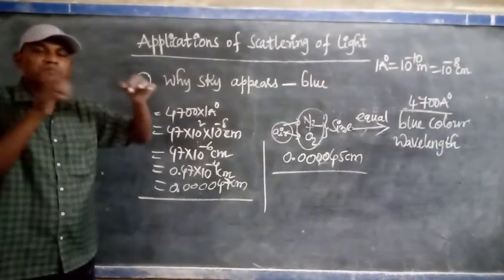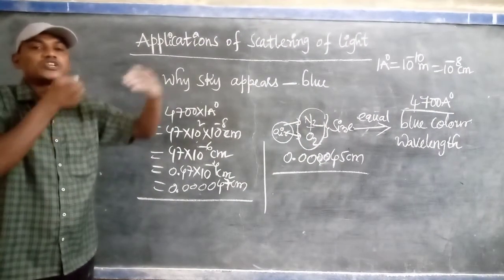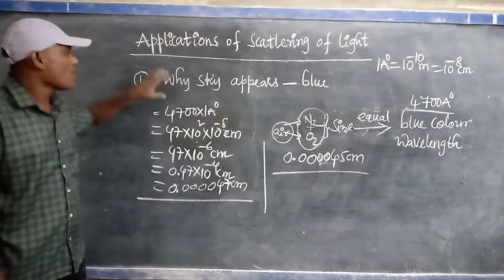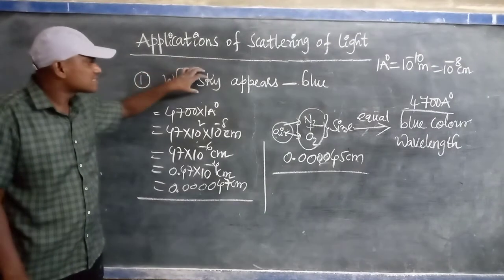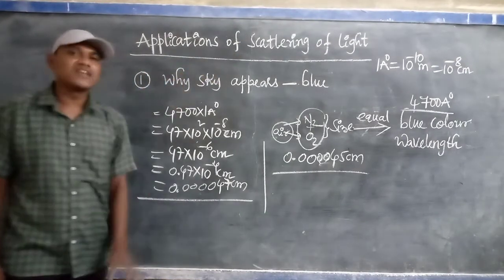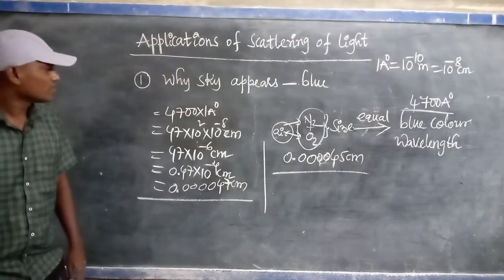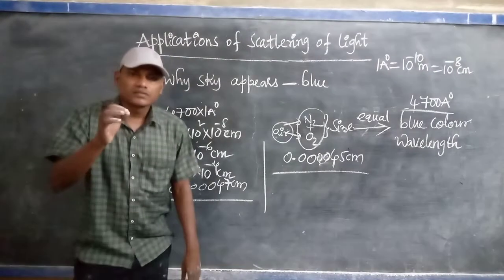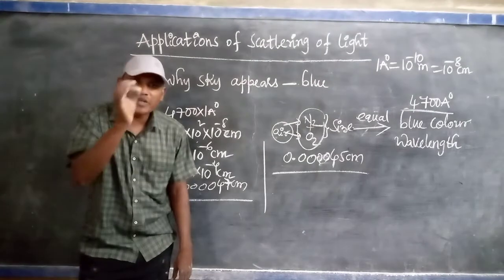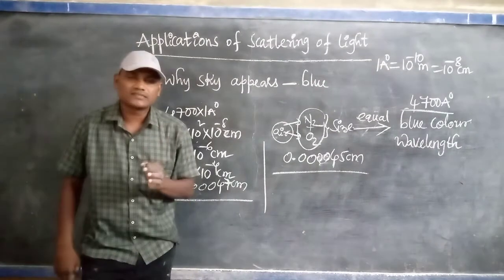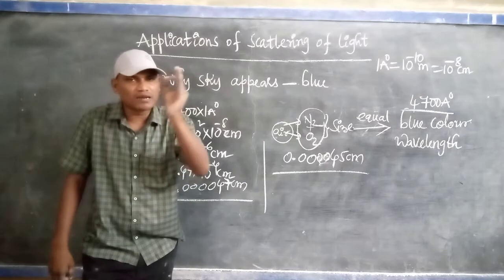What information can you write for this question? Why does the sky appear blue? Explain with the help of the scattering of light. The Earth's atmosphere mainly contains nitrogen and oxygen molecules.